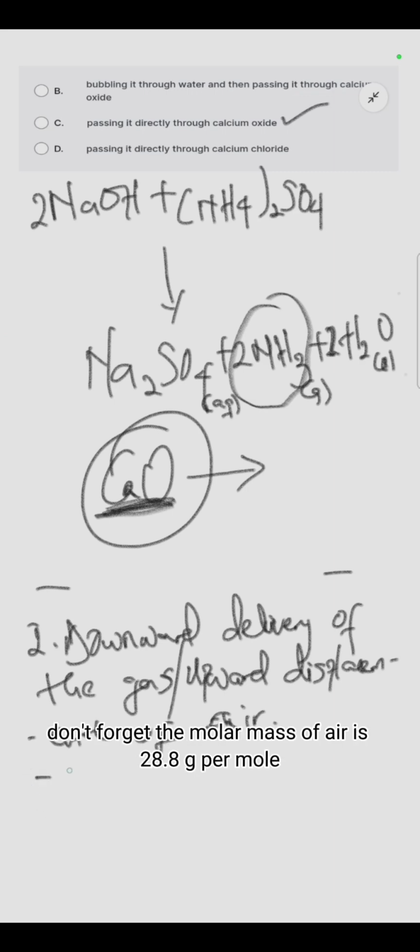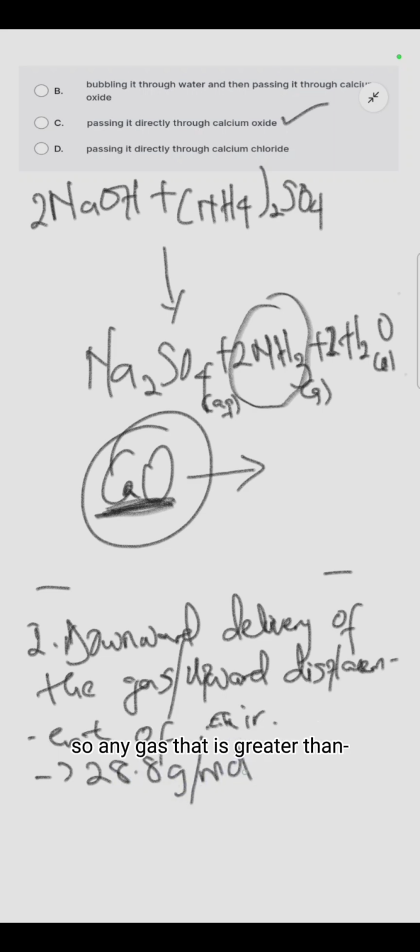Don't forget the molar mass of air is 28.8 gram per mole. So any gas that has molar mass greater than 28.8 is going to be collected through the downward delivery of the gas or the upward displacement of the air. So examples of gases like this are SO2, O2 itself, CO2, and the likes.